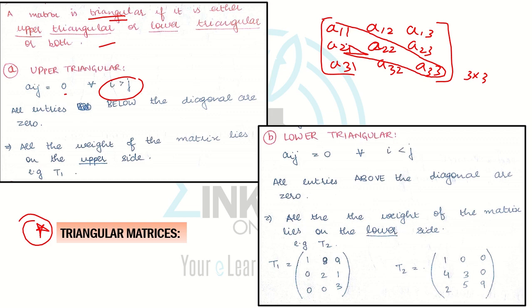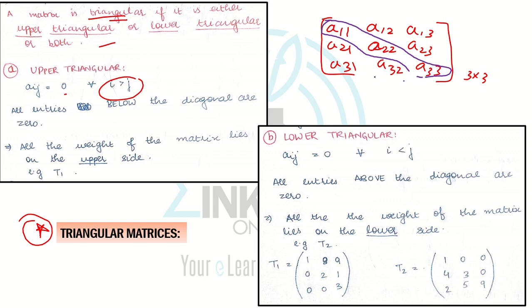This is the principal diagonal of the matrix. So, as I was saying, this A11, A22, A33 is actually your principal diagonal. Now, here if you look at it, i is greater than j: 2 is greater than 1, 3 is greater than 1, 3 is greater than 2. So, here is what you're referring to when you say that you're referring to an upper triangular matrix.